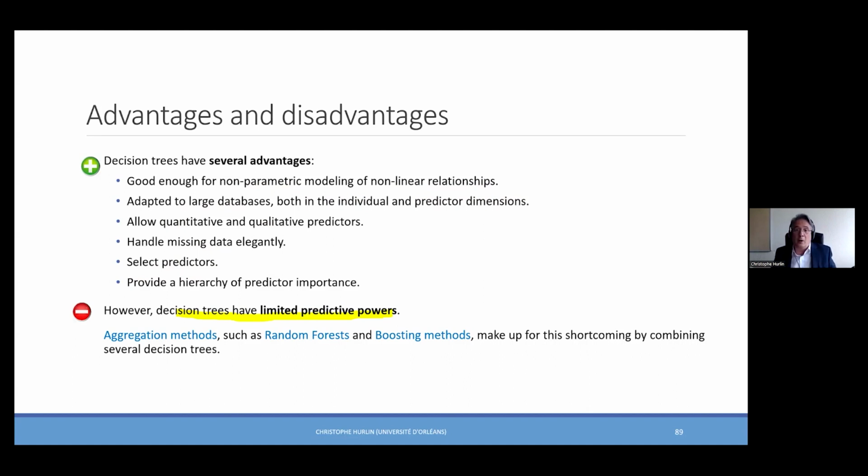So why do we learn decision trees in detail? Because these models are the basis of some aggregation methods, such as the random forest or the boosting method, for instance, the XGBoost algorithm. And this drawback of the decision tree, that this model has limited predictive power, is overcome by combining several decision trees, okay? In this case, for instance, a random forest is a combination of several decision trees trained on bootstrap samples.